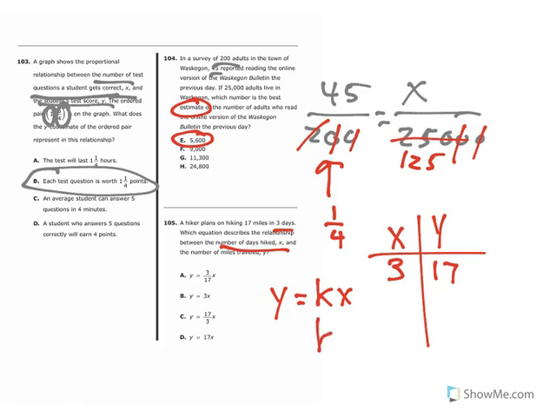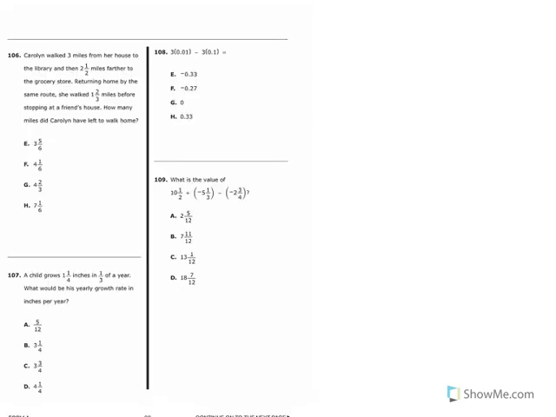So we know that K, the constant of proportionality, if we solve this for K, is equal to Y divided by X. So literally, if Y is 17 and X is 3, this would be 17/3. We can also take what's here and substitute it into the equations and say, which of these is going to be true? Well, if I replace X with 3 and Y with 17, 3/17 of 3 is certainly not 17. So the only one that makes sense from that perspective is C, but just use K is equal to Y divided by X, like I'm sure you heard way too much in 7th grade.